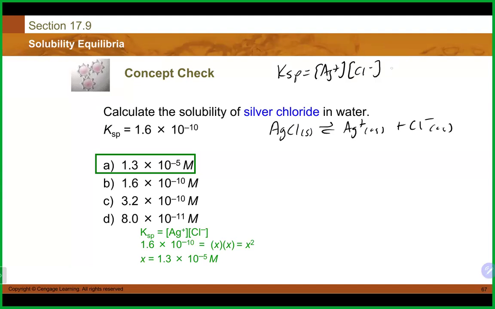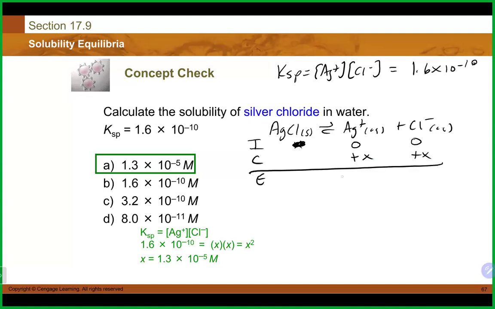In this case, they gave us the KSP, which is 1.6 times 10 to the minus 10. So again, we could do an ice table, 0, 0. I'm not going to put an X for the solid, and I'm not going to worry about it because it is solid. Change is going to be plus X, which means at equilibrium, X and X. Again, normally this would be our minus side, but we don't have to worry about it because it's a solid.